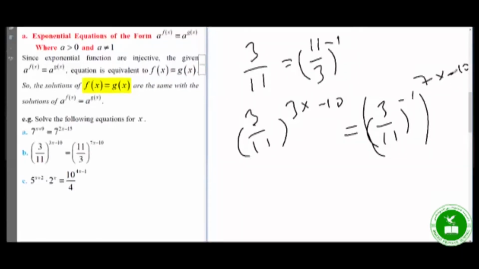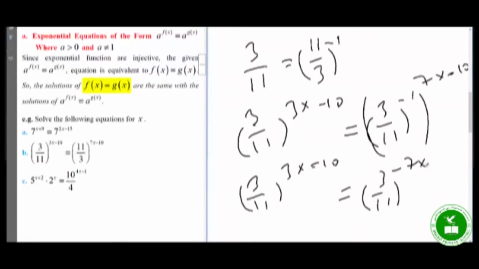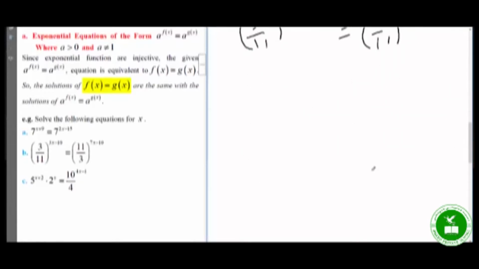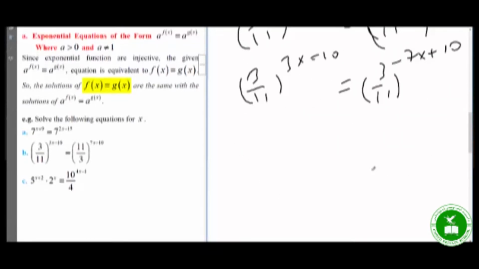Let's simplify power by power. 3 over 11 to the power of 3x minus 10 is equal to 3 over 11 to the power of negative 7x plus 10. Let's continue. As bases here are equal to each other, the powers or exponents are also equal to each other. So 3x minus 10 is equal to negative 7x plus 10.